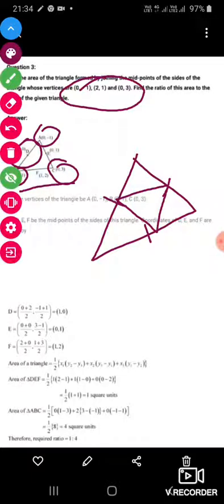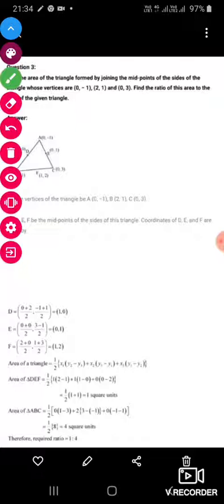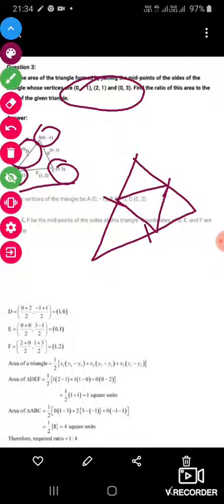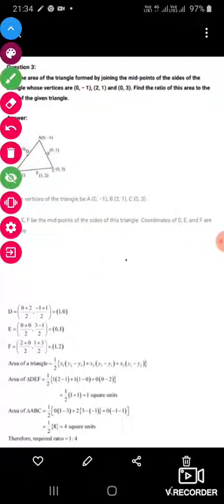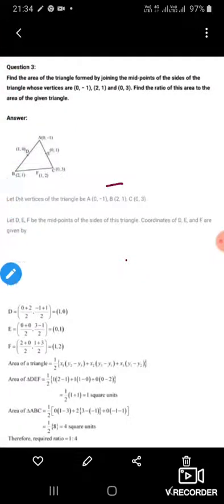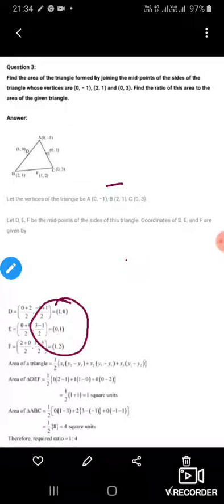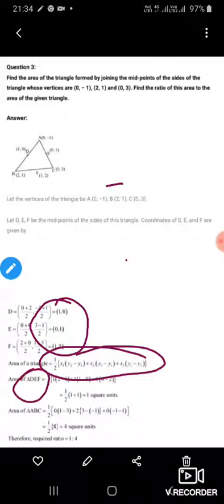So you will get the midpoint of AB, midpoint of AC, midpoint of BC, and you will get these three coordinates, D, E, F. The midpoint formula they have applied, then the area of that triangle, that is DEF.